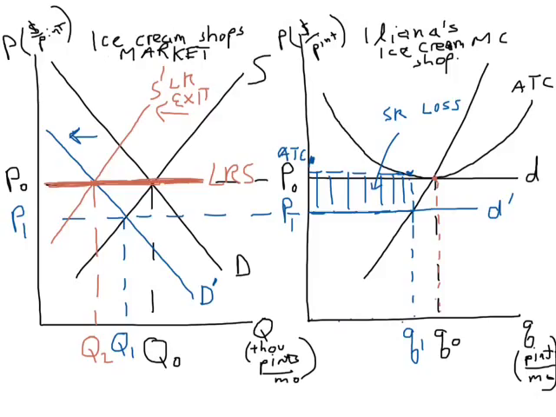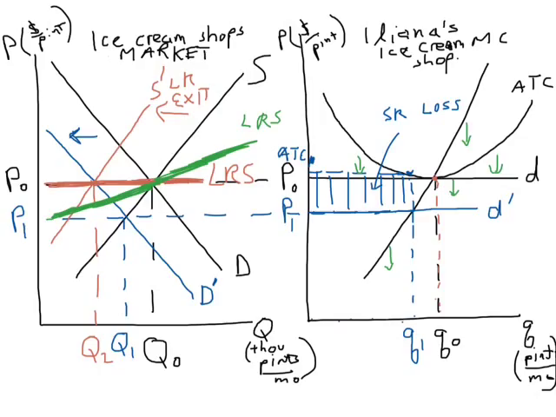If this were an increasing cost industry, the long-run supply curve would look like, I'm going to change my pen color, let's use green for that. If it were an increasing cost industry, because of what's happening to individual firm supply curves, you would have a long-run supply curve like so, upward sloping, and with exit, the cost structure of each firm in the game would fall.